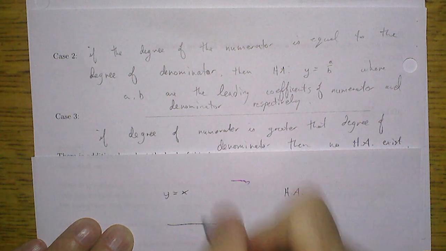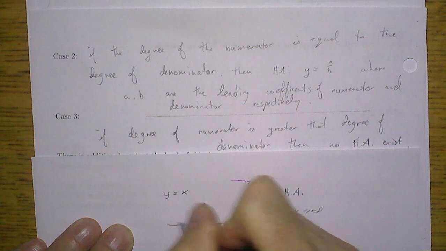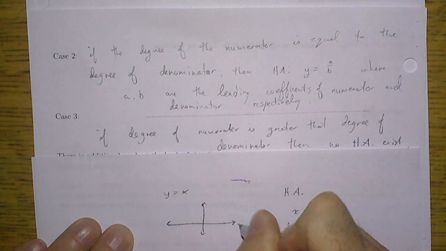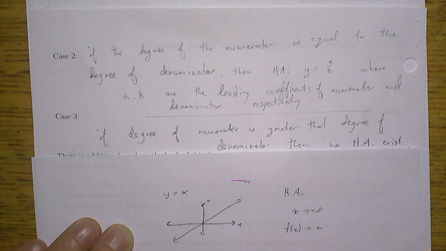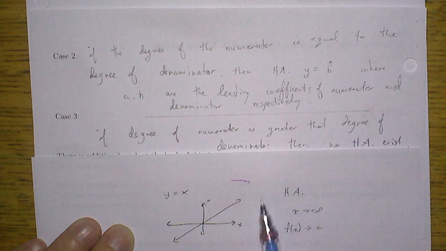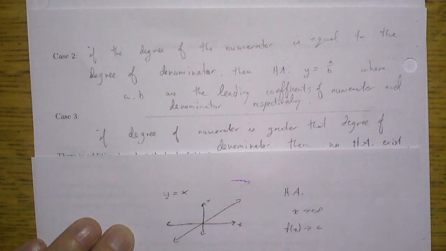Just a quick sketch. I'll draw my Cartesian plane here. Y is equal to x looks something like that. And so as x gets infinitely large, the y value does not approach a constant. Instead, the y value gets higher and higher and higher. It doesn't approach a constant like 2 or 3 or 4.